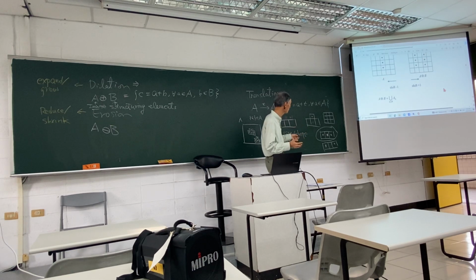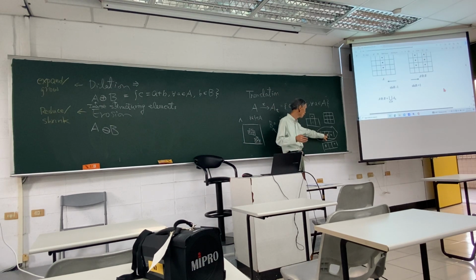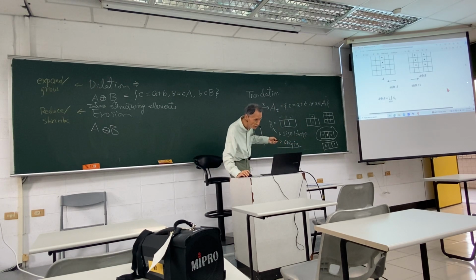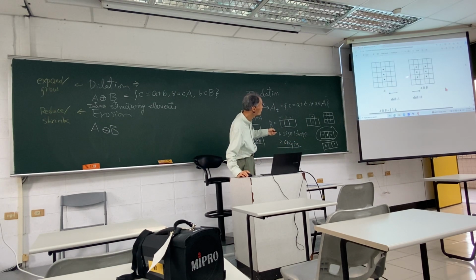Well, actually, as I mentioned, if I define the origin also as an image point, then you will get a 3x3 square, okay? Which means a 3x3 thin line will be expanded to the left and to the right.